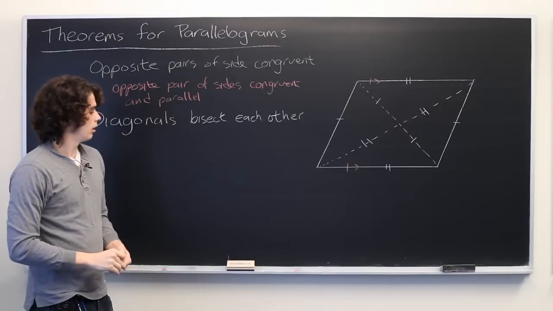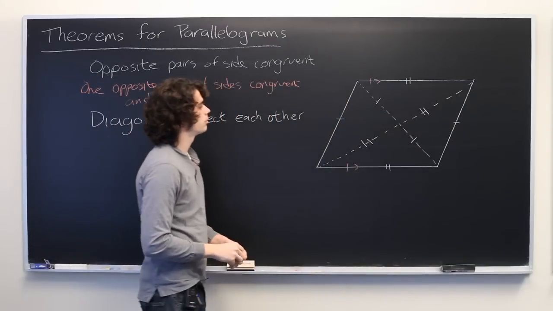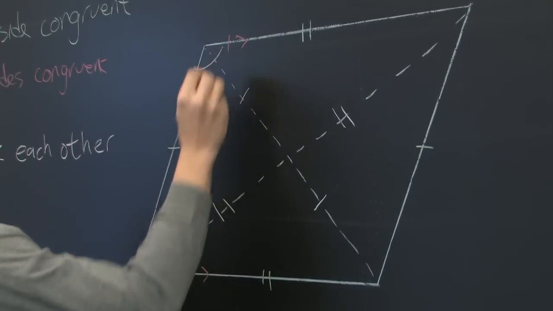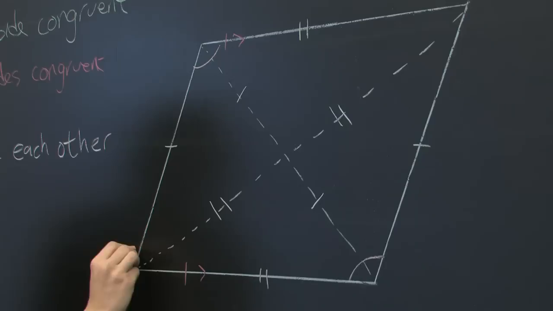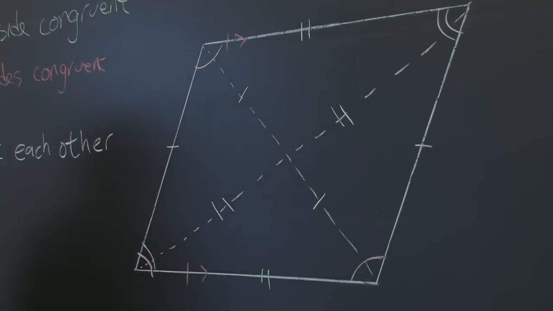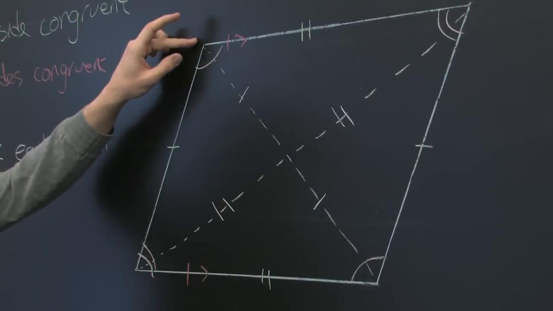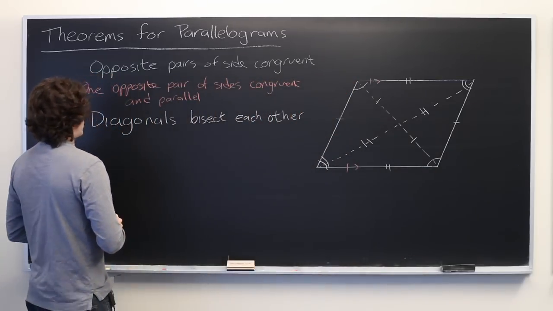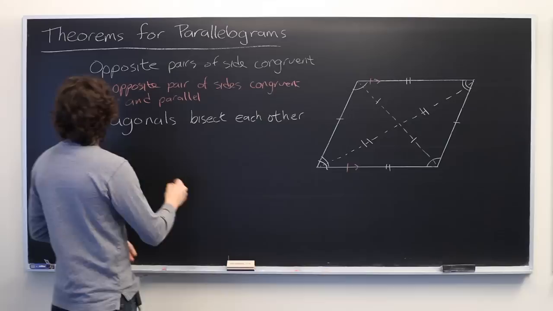Okay, let's talk about the interior angles of this quadrilateral. If we know that opposite pairs of angles are congruent, meaning the bottom left and the upper right are congruent, and the top left and bottom right are congruent, that's enough information, since from there you can quickly determine that the opposite pairs of sides are parallel.